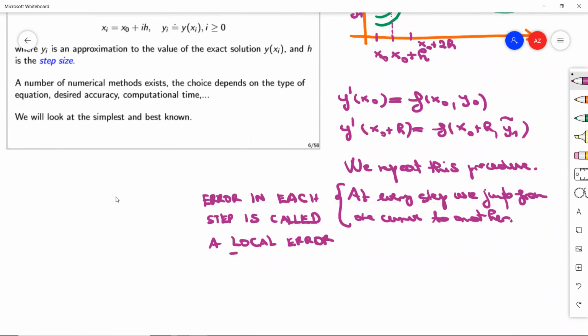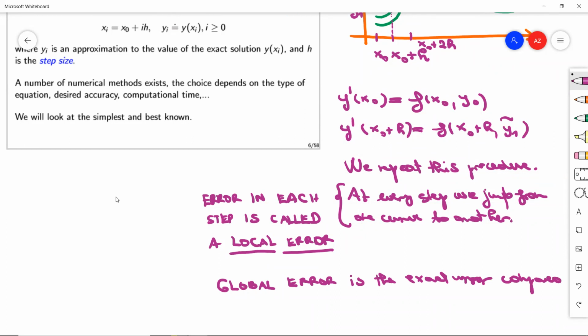So we have a notion of a local error. This is an error made in every step. But global error is the exact error compared to the true solution.